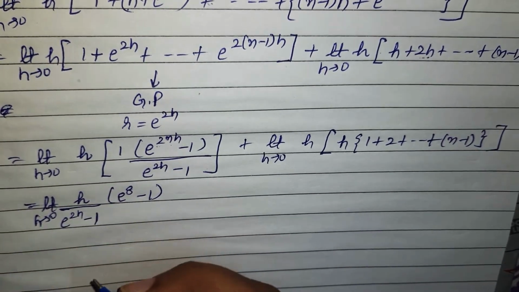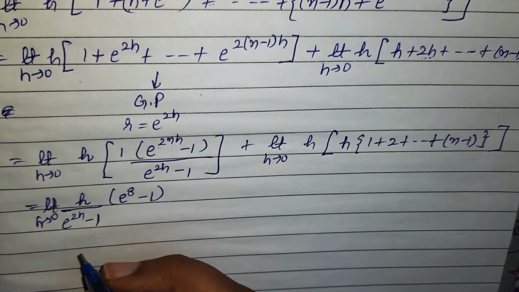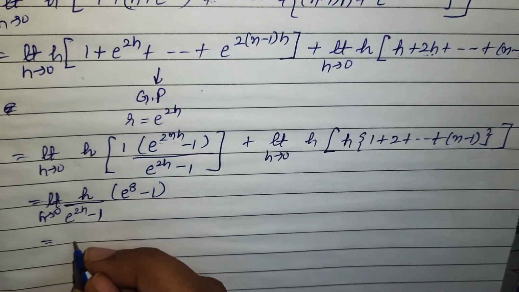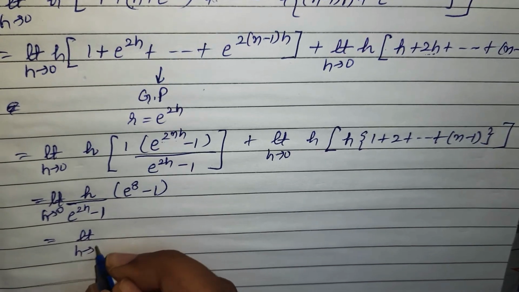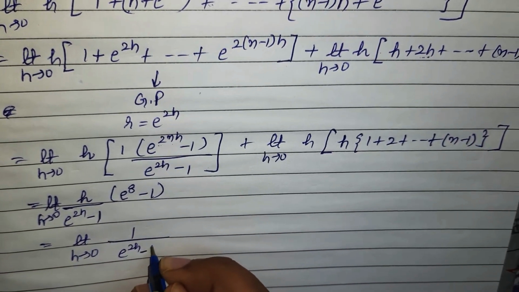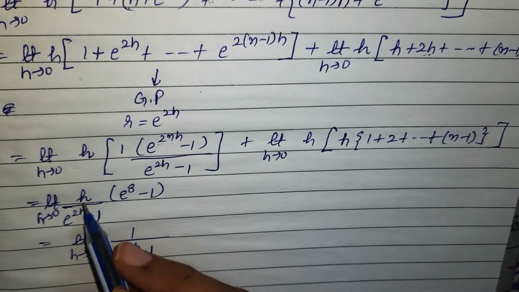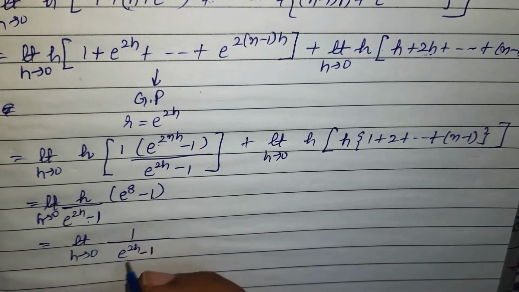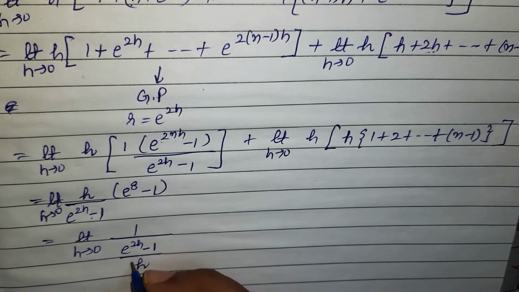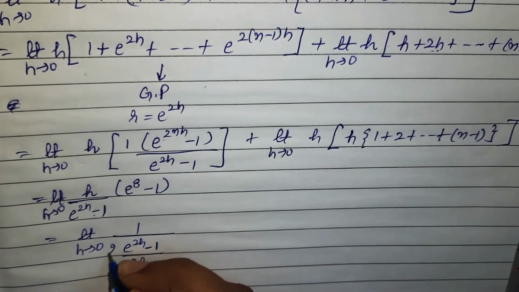So firstly what you need to do? You need to multiply and divide with h. So what I am getting? Limit h tends to 0, 1 upon e raised to the power 2h minus 1. In numerator and denominator I am dividing it by h. Now I require 2 also as per the formula. So 2 and 2.